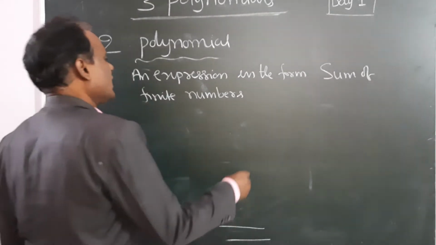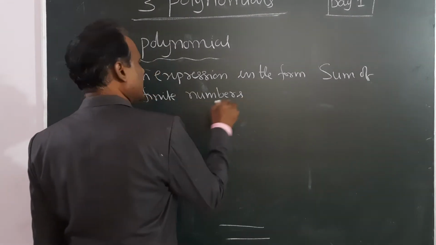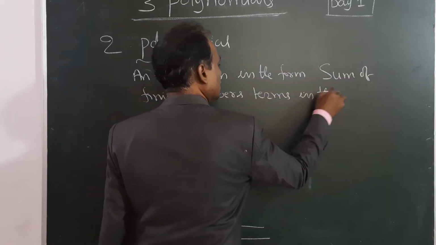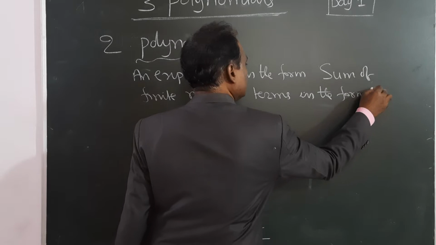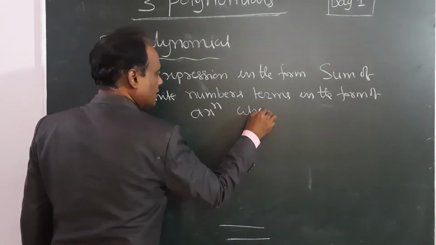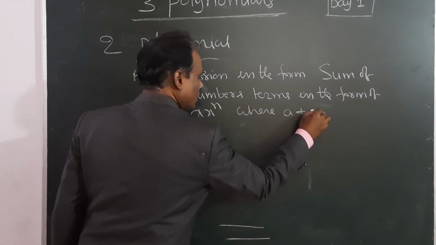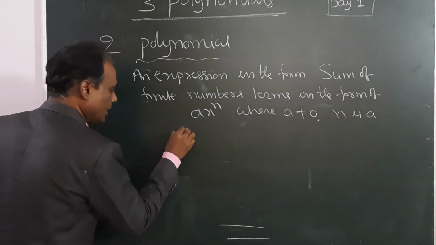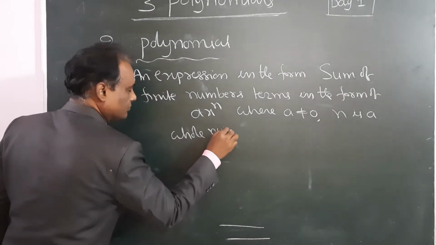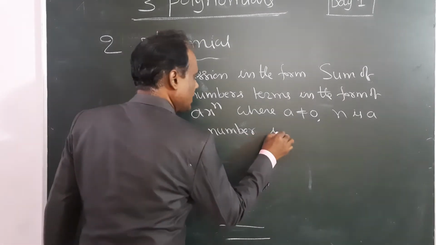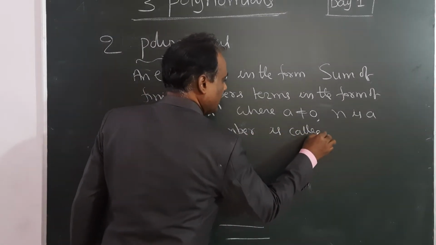Sum of finite number of terms in the form of ax power n, where a not equal to 0, n is a whole number, is called a polynomial.